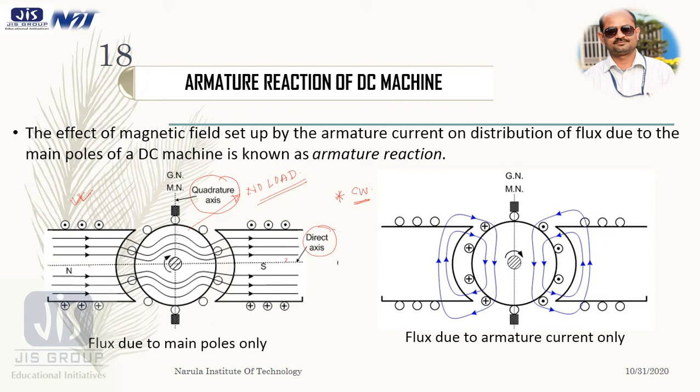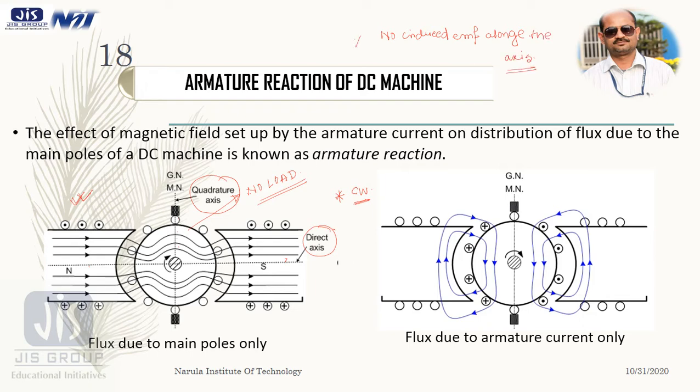So whatever conductor is there on the axis, it has an equal effect from both north pole and south pole, and therefore no EMF is induced in the coil lying along the axis.